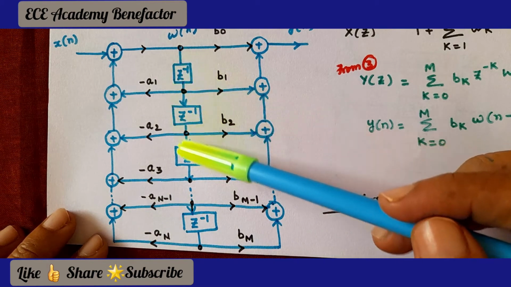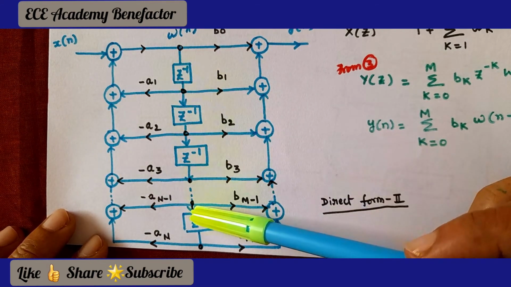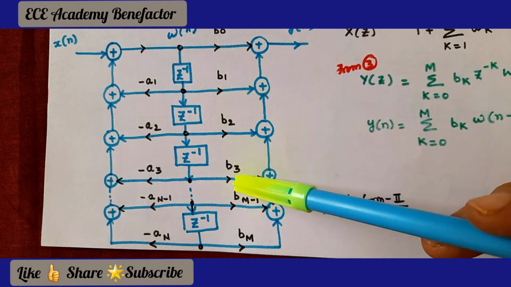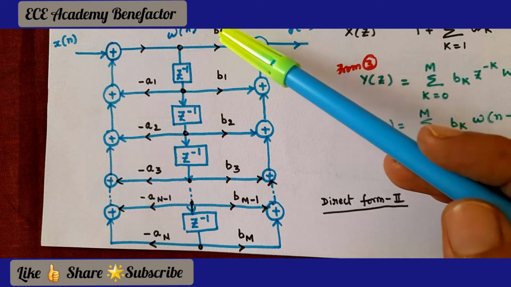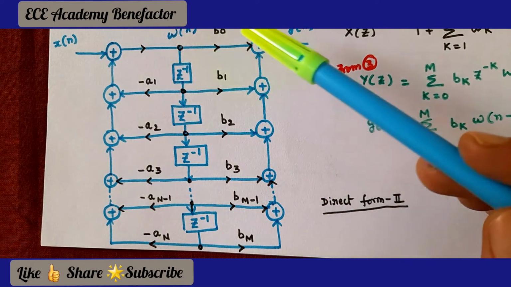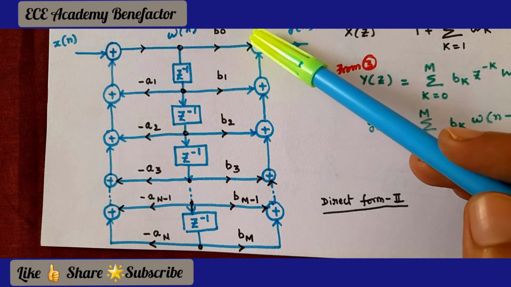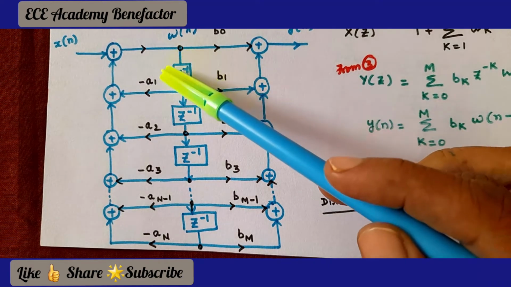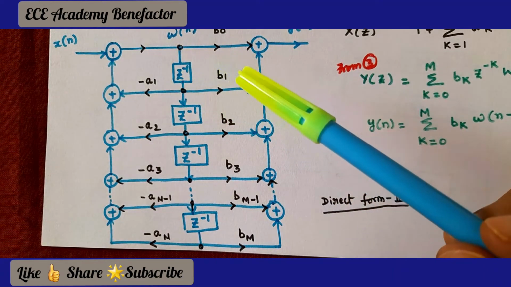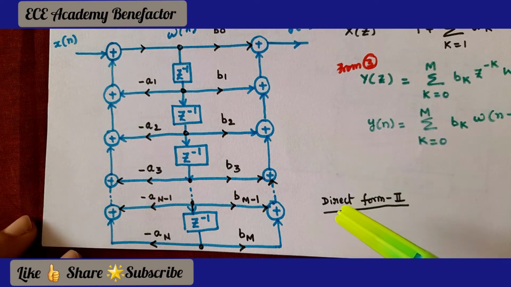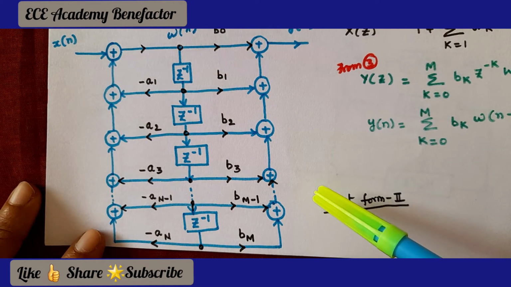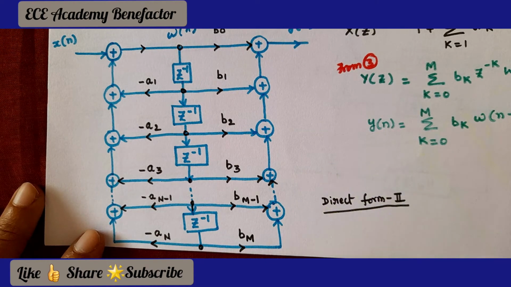In the middle we will place delay elements. In direct form 2 there are three basic elements. This arrow is a multiplier, the circle with a plus sign is an adder, and z inverse is known as a delay element. The advantage of direct form 2 is that the number of delay elements is reduced.